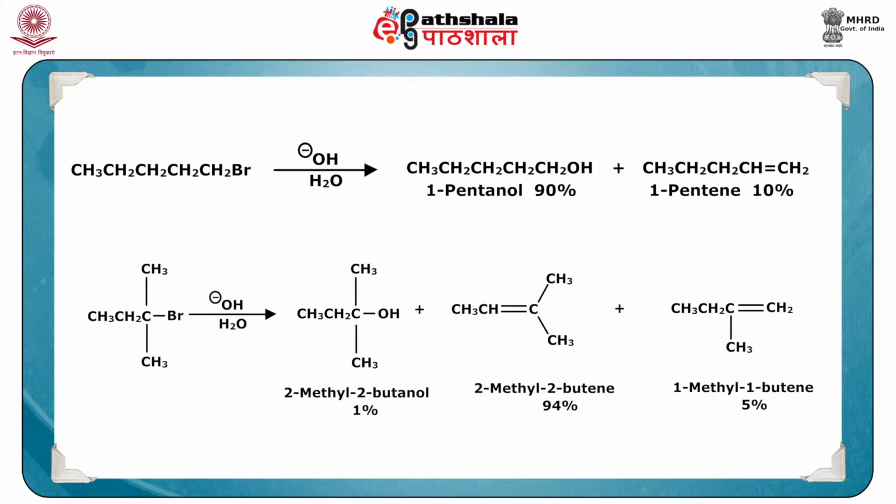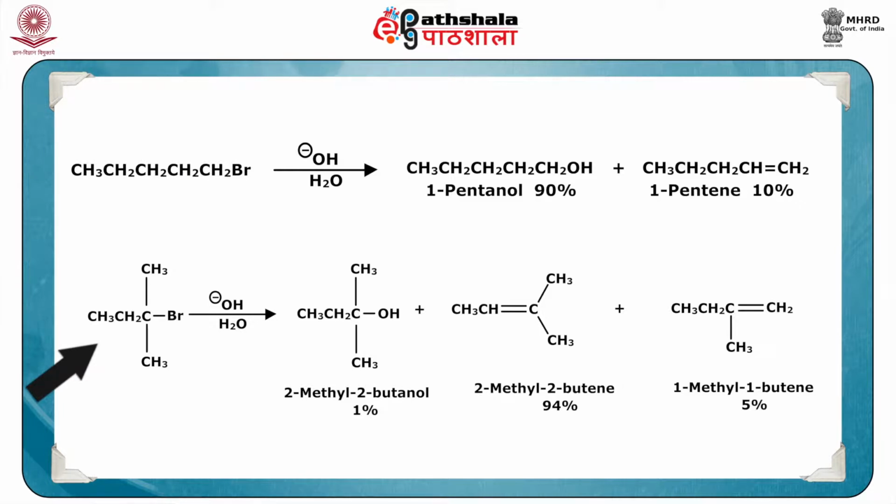But as you move from this primary halide to now let us take this tertiary halide. When it is reacted with the same aqueous OH minus, the substituted product, which is 2-methyl-2-butanol, is only 1%, while there are 2 eliminated products, out of which 2-methyl-2-butene is major, which is 94%, and 1-methyl-1-butene is minor, which is 5%.